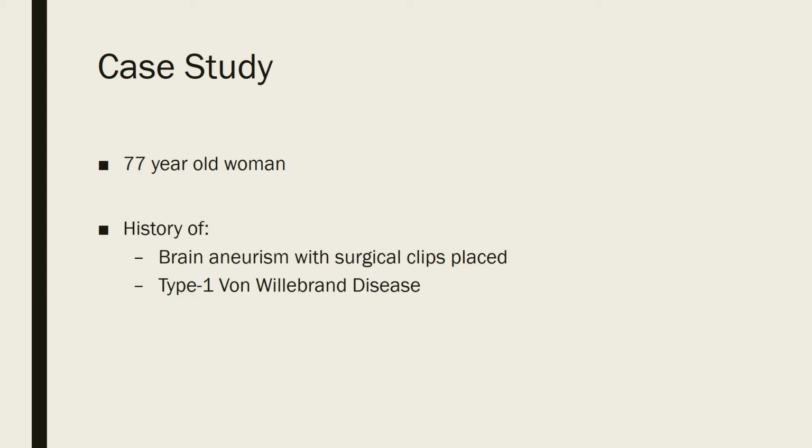She had a history of a brain aneurysm, so she had metal clips, and she was also affected by a disease called von Willebrand disease. VWF is a protein that binds to clotting factor 8, where it aids in circulation, and it also helps platelets bind with injured blood vessels to help stop bleeding.